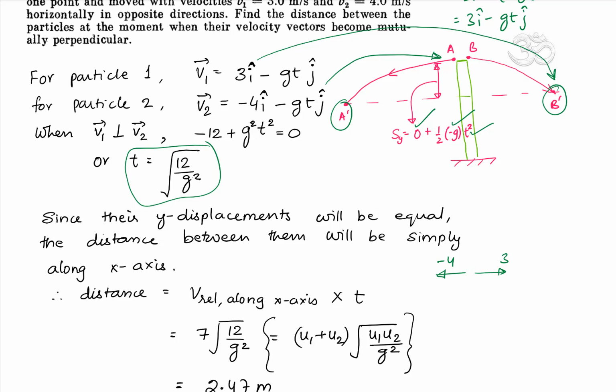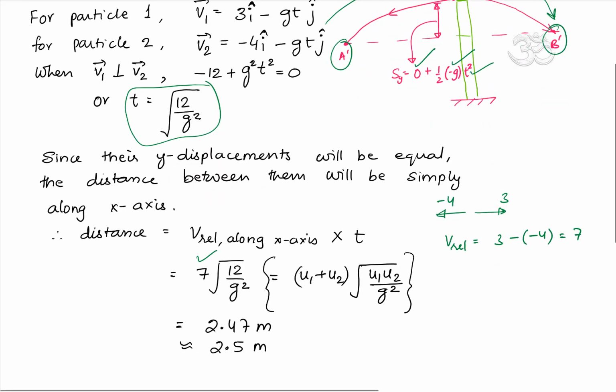So V relative is velocity of A minus velocity of B, so that is 7. So the distance between them is 7 into the time taken, whose general form is u1 plus u2 into square root of u1 u2 by g squared, and after inserting the values, the distance is found to be approximately 2.5 meters.